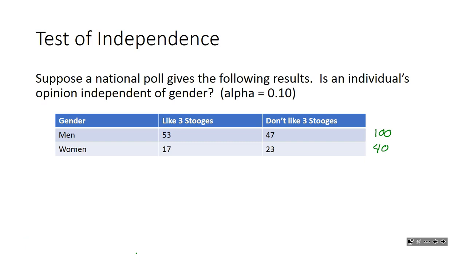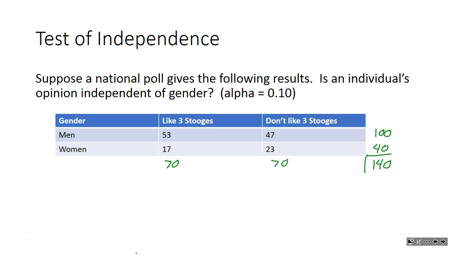For liking the Three Stooges, there are a total of 70. Don't like them, total of 70. Notice whether you add the rows or the columns, your grand total is 140. 140 people were obviously included in this poll.